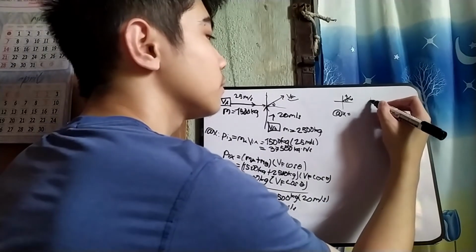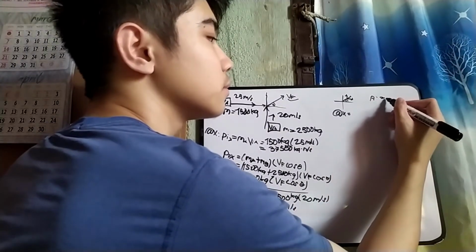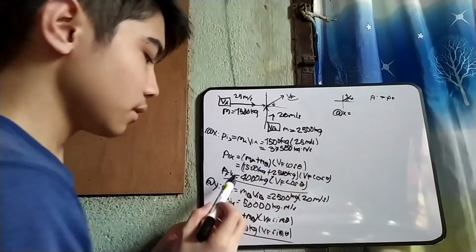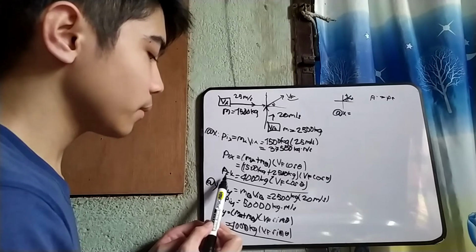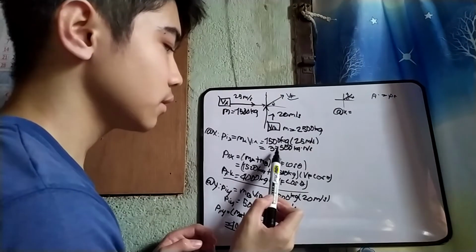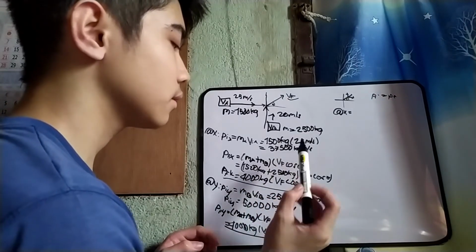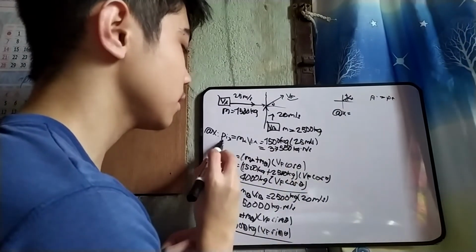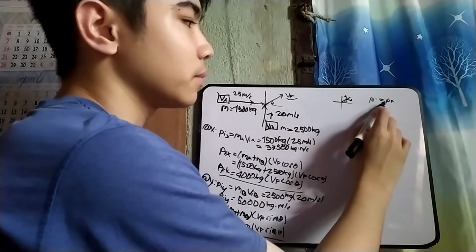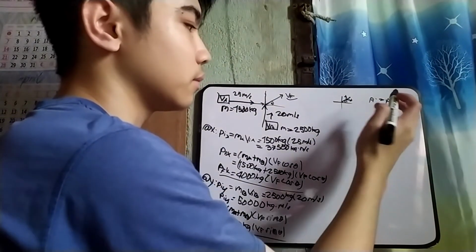So, P initial is equal to P final. So, the final momentum at x is also equal to 37,500 kg times meter per second, because this is the initial momentum. The initial momentum is equal to the final momentum.